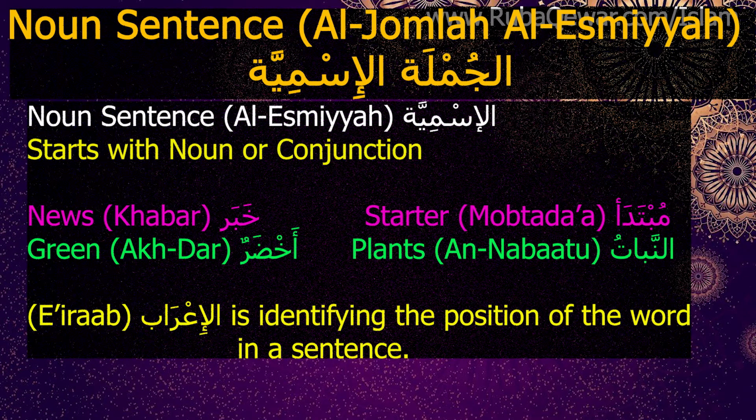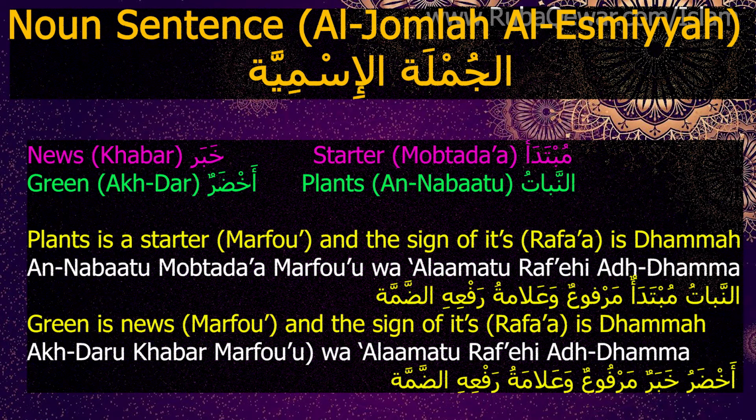That's what إعراب means. So let me show you how we do it. Let's take النبات أخضر, meaning plant is green. النبات, this is how I write it. When I tell you do the إعراب for this word, you have to know how it's done. I say النبات مبتدأ مرفوع وعلامة رفعه الضمة.